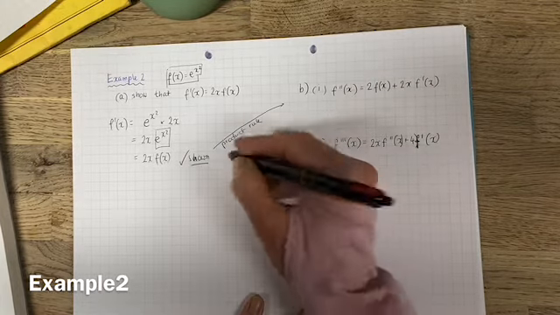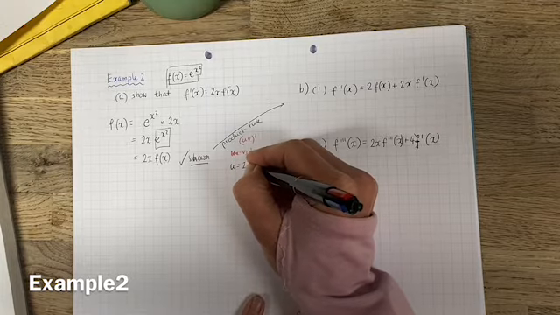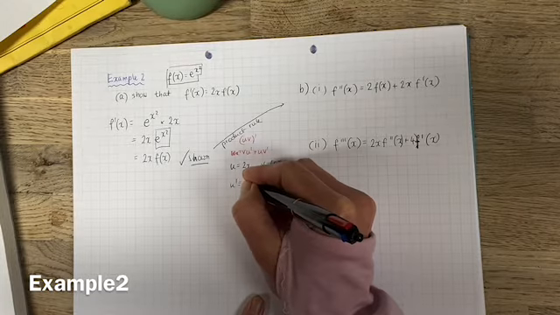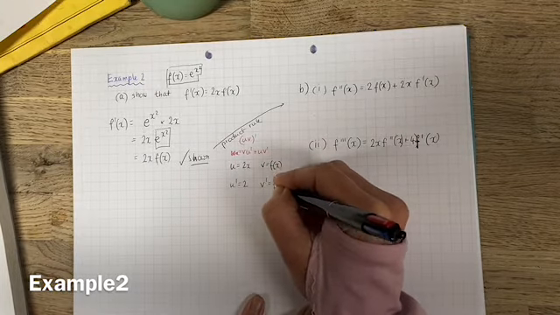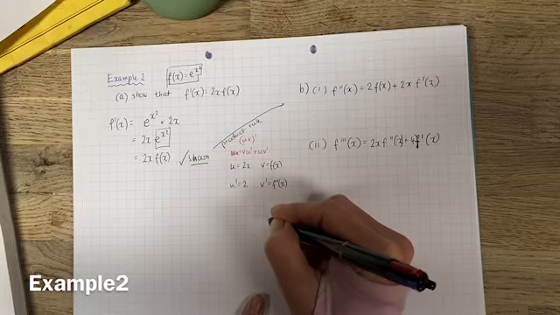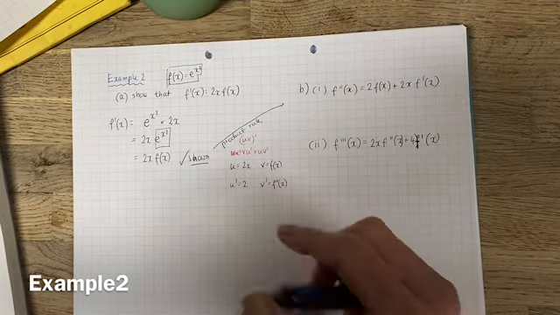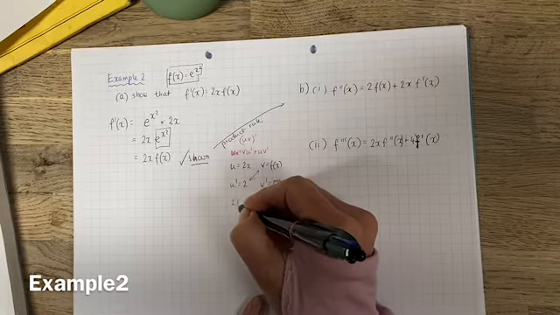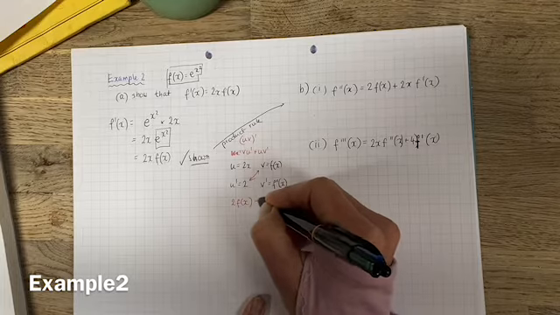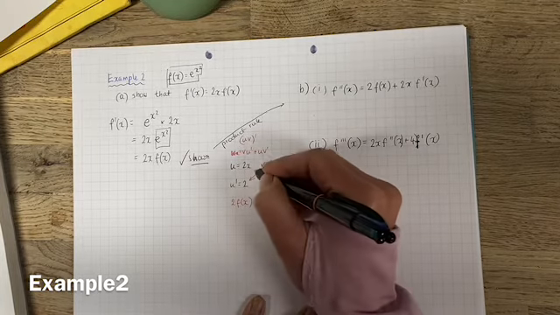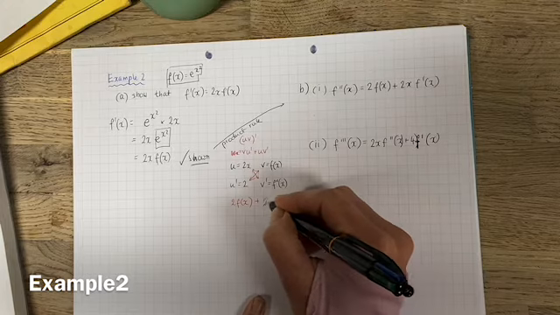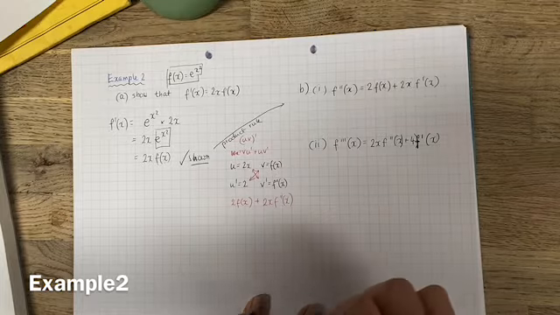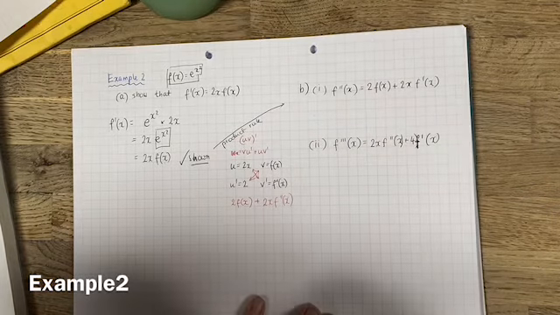So here we're going to use for u 2x and for v f of x. So u dash is going to be 2 and v dash is going to be f dash of x. We don't need to do anything else on that. So let's combine them in the right order. So v and u dash goes first, so that's going to be 2 f of x plus uv dash, these two, so 2x f dash of x, which is actually the result we wanted.